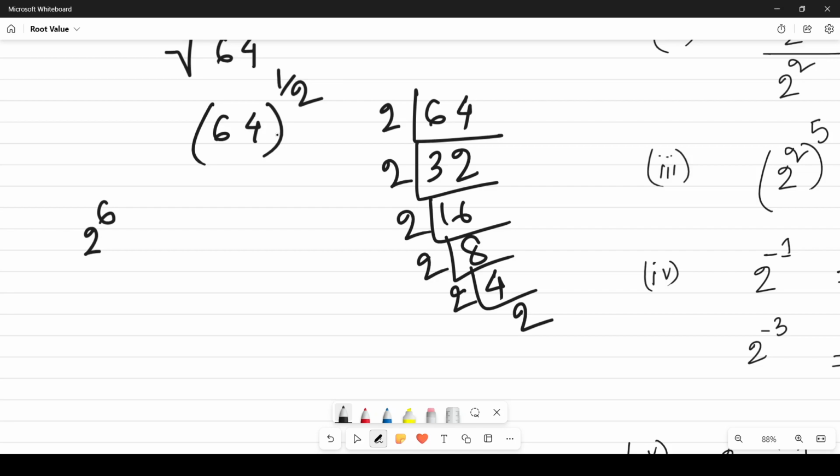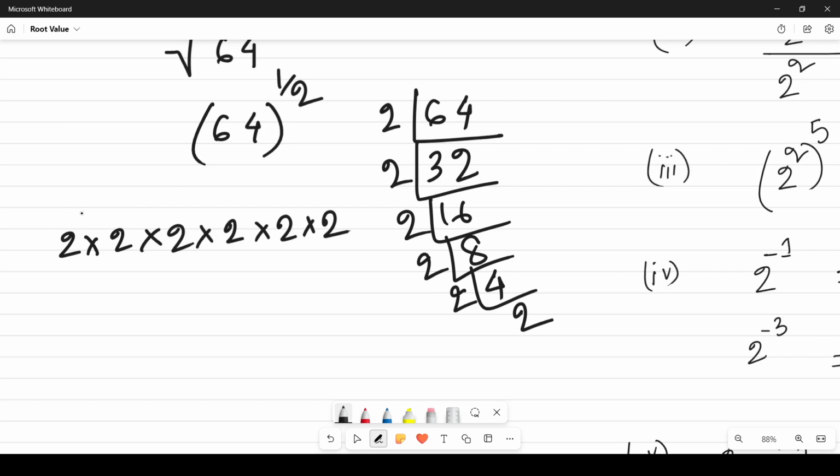So what does it actually mean, multiplying 2 six times? Do you remember the laws of indices? If we are multiplying the same base values, what do we know? We know any base with power 1 is the same as the base value, right?